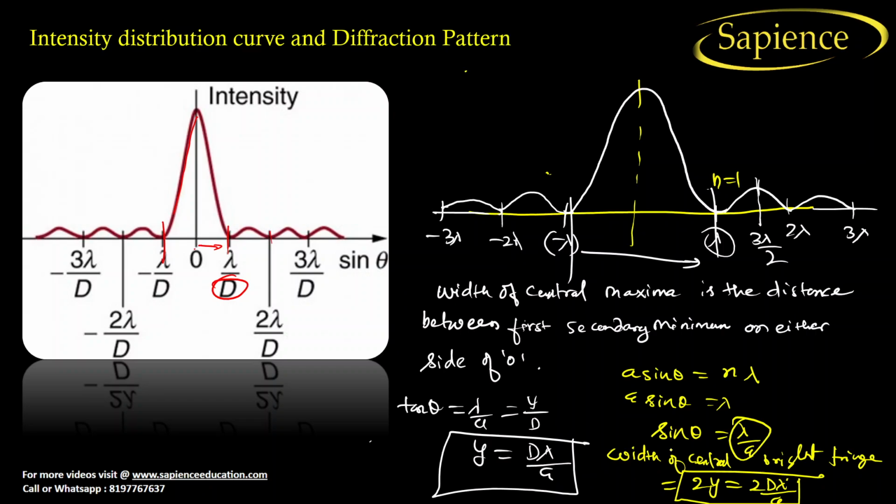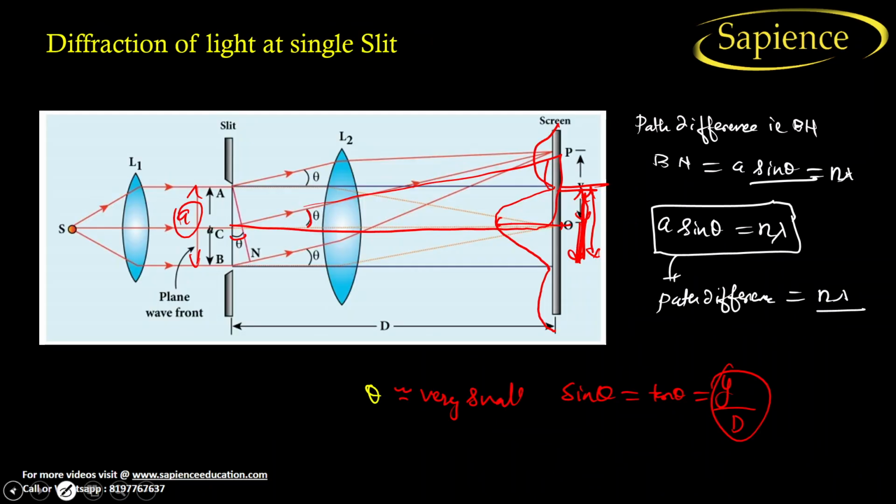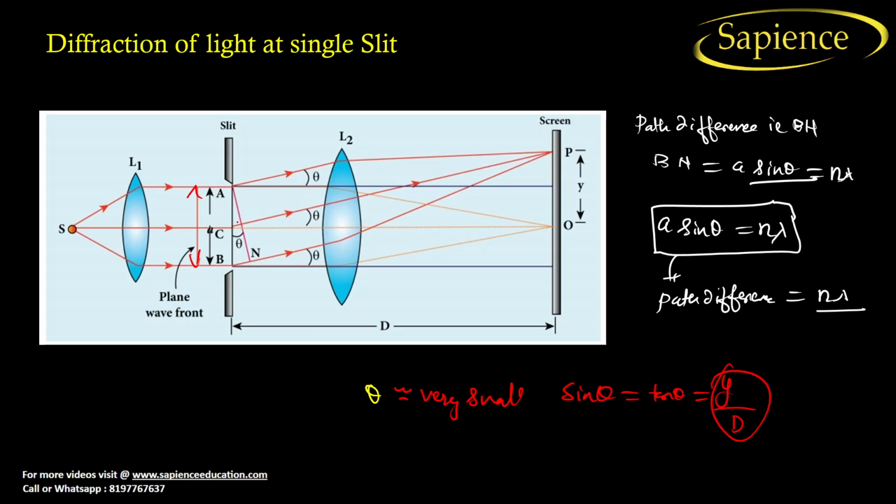Okay, and if you talk about the angular width, what is angular width? See, this is the angular width of the central bright fringe. So angular width will be 2 theta.